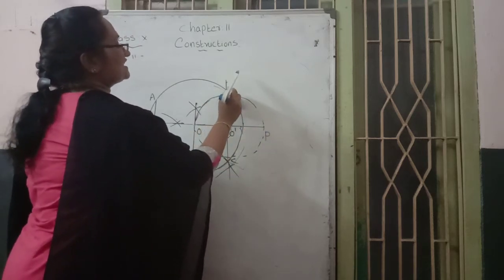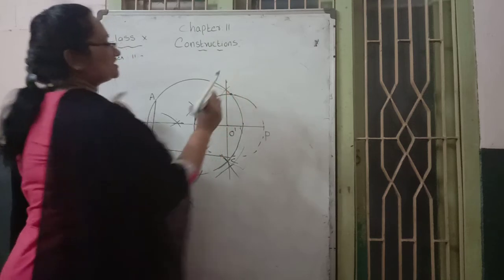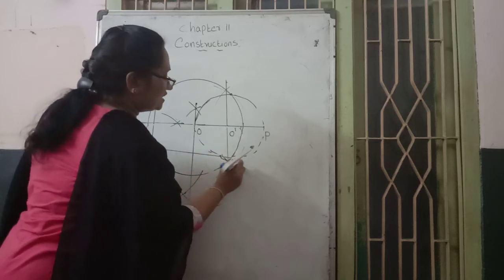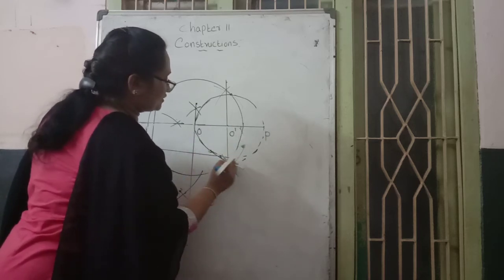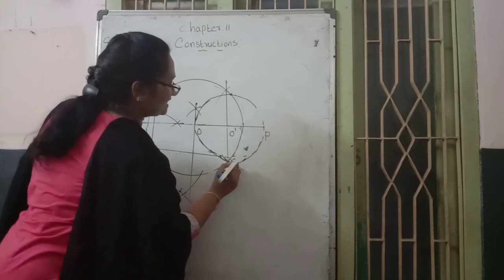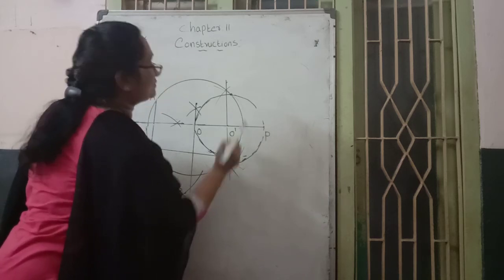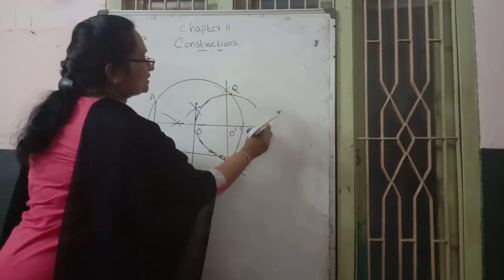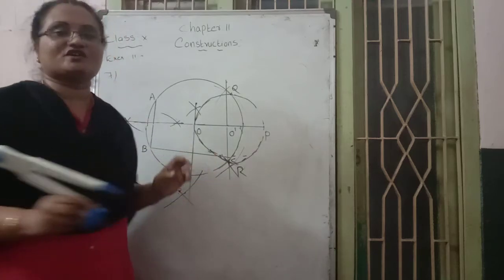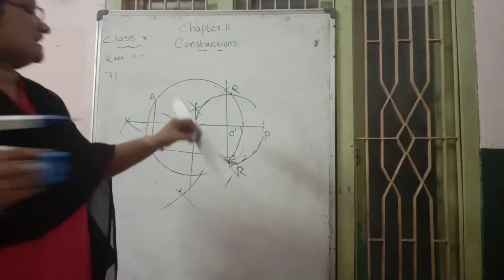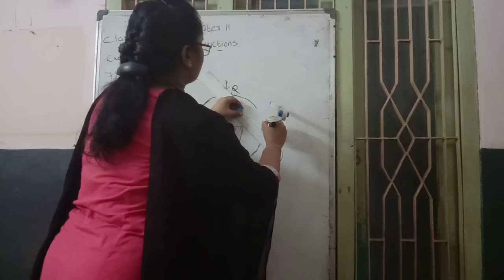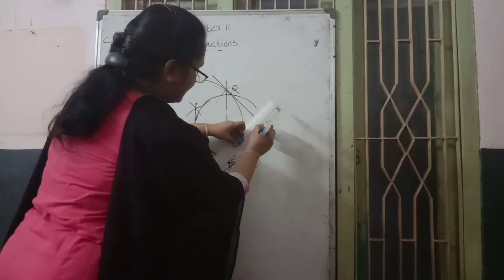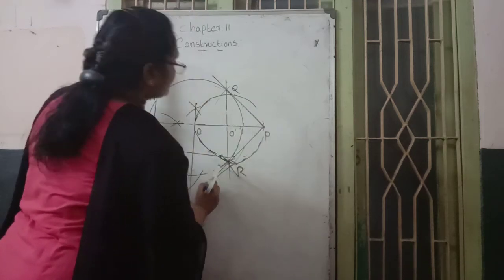Where the first circle and the second circle are intersecting, mark those points with alphabets. Here, and down here also, we get two tangent points. The two points where the circles intersect, mark as Q and R. Then join PQ and PR, and we get two tangents.